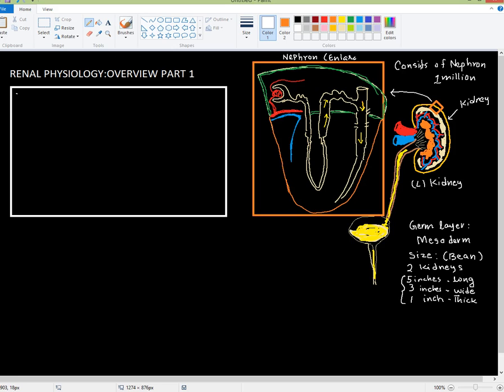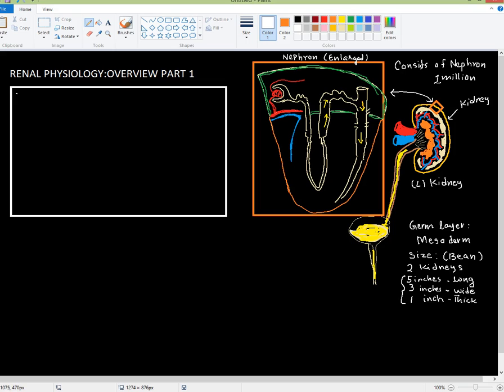I just wanted to show where it is located in the kidney, so that's why I drew this structure and enlarged it. In one kidney there are approximately 1 million nephrons, which take part in urine formation.